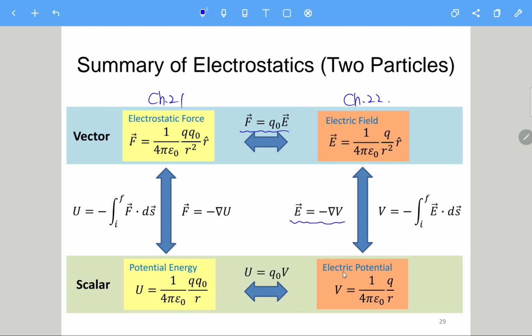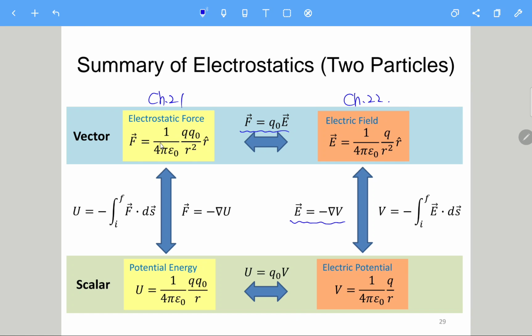And the electric potential and the potential energy are also related by this linear relationship. So U equals Q0V. Here we have F equals Q0E. So this is the potential energy.